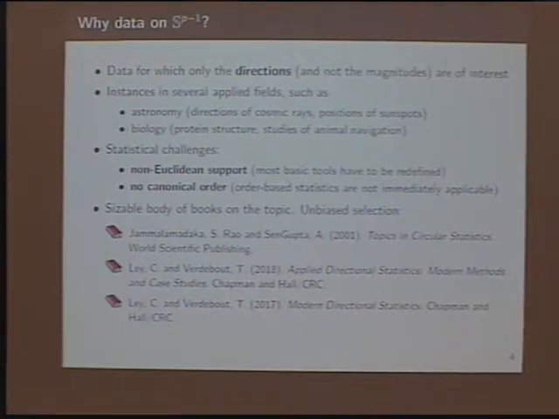And basically the statistical challenges relate to the non-Euclidean support and the fact that there is no canonical order. And just a very unbiased selection of books devoted to the topic from people in this audience, these three ones, which show that there is activity in the field.